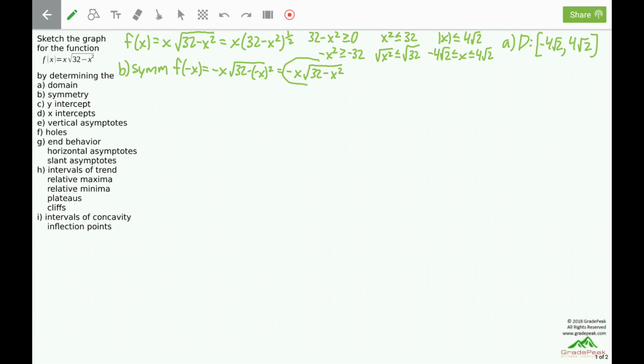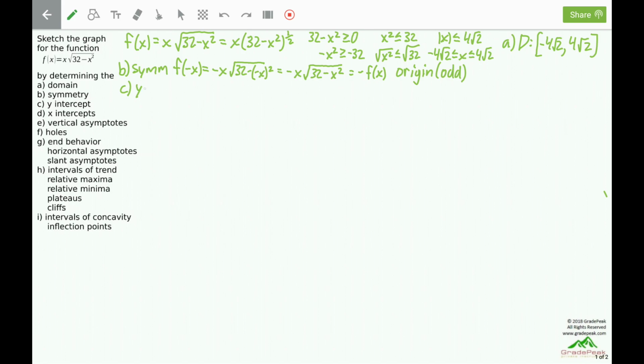Comparing this to the original, it is exactly the same as the original, except with a negative in front of it. So f of negative x equals negative f of x, which is the condition needed to have origin, also known as odd symmetry. This means that the graph will be its own mirror image over the y-axis followed by the x-axis. We will be sure that that is the case.